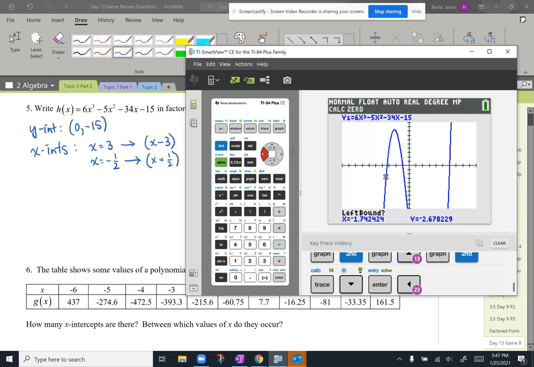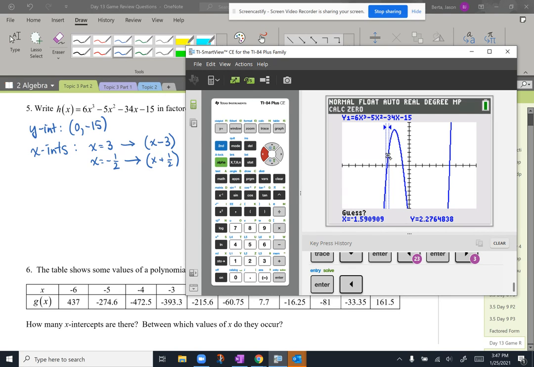All right, so right there, I'm going to click enter. Then I need to find a right boundary, a point that's to the right of the intercept I want to find. There's one there. And then guess just means put the cursor somewhat in the vicinity of where the x-intercept is. And it looks like the zero is at negative 1.66 repeating.